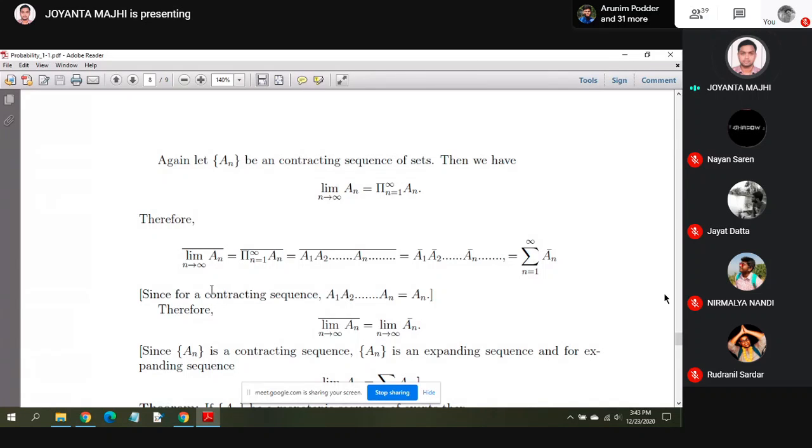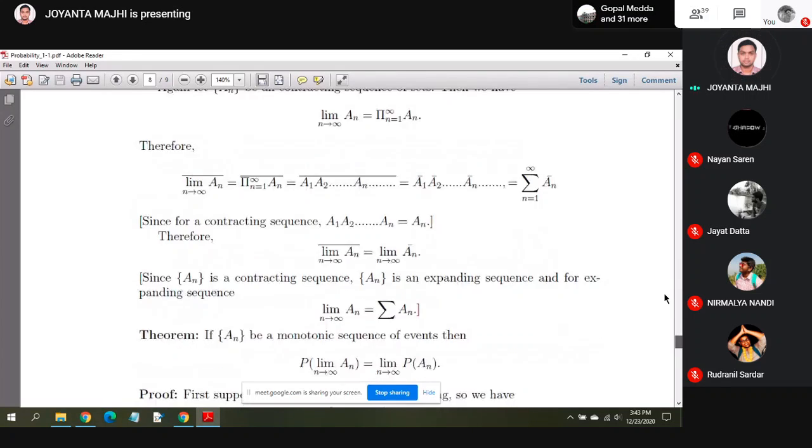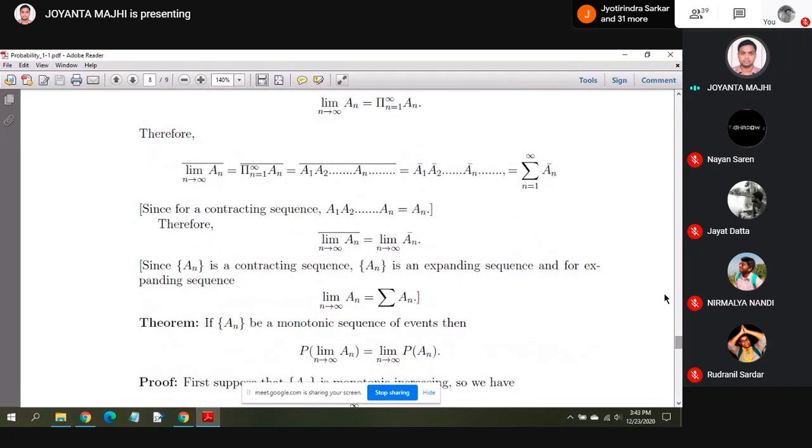Therefore, the complement of the limit as n tends to infinity of a_n is equal to the union of a_i complement, i goes from 1 to infinity. This happened because a_i are a contracting sequence, therefore a_i complement is an expanding sequence, and from the definition of an expanding sequence, the limit as n tends to infinity of a_n is equal to the union a1 union a2 union and so on.